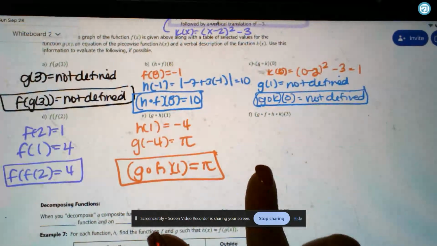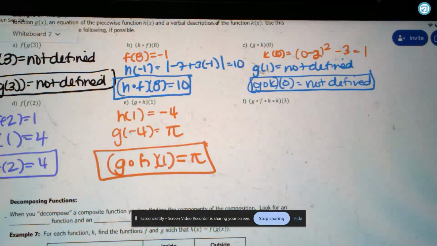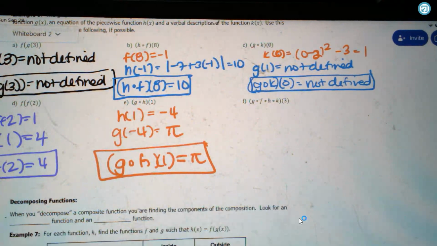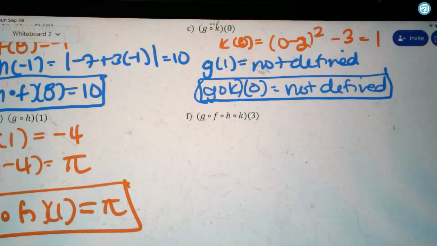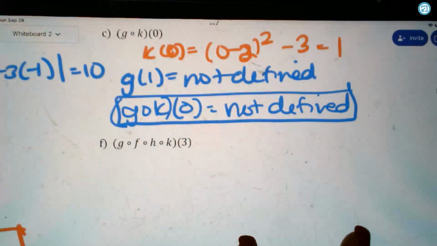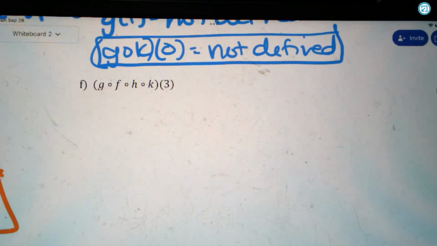All right, so letter F. Let me hide this. There we go. We're going to start with the most inside function. If I was to write this out using our regular notation, I'm going to have to zoom in and zoom out and move all around for this one so we have room.